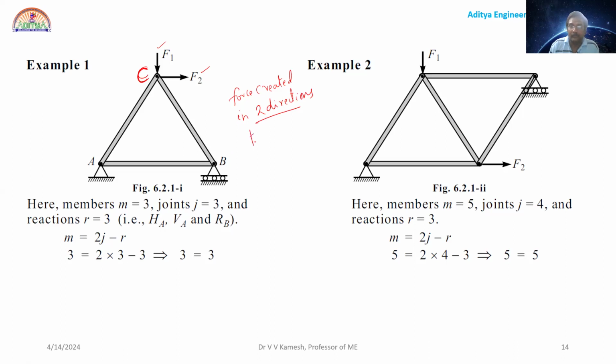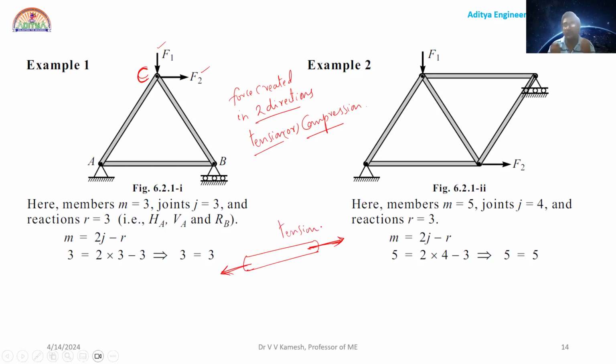Either it is tension or compression. Okay. So what is tension and what is compression? Suppose I am taking a bar like this, right? Suppose there is a force both outside, right? That means we are trying to elongate it. It is called tension.